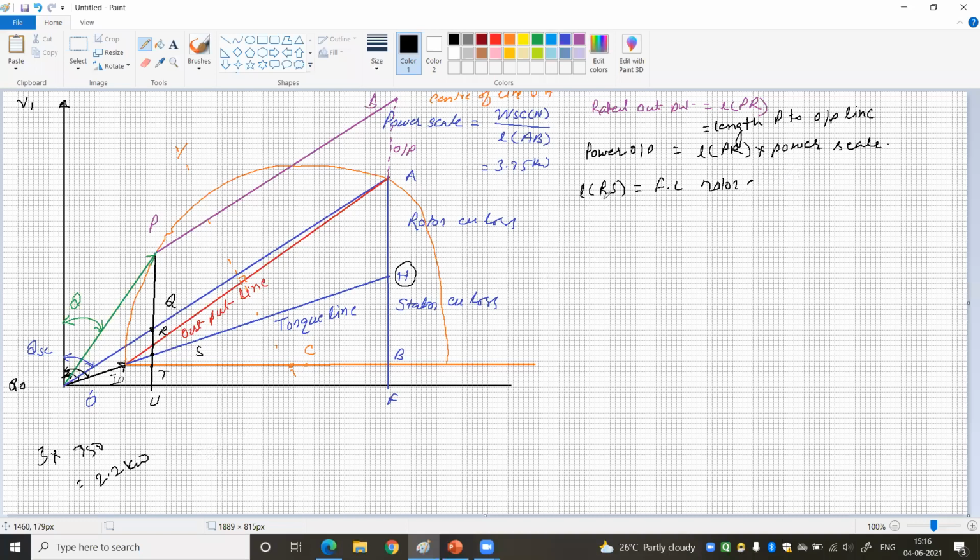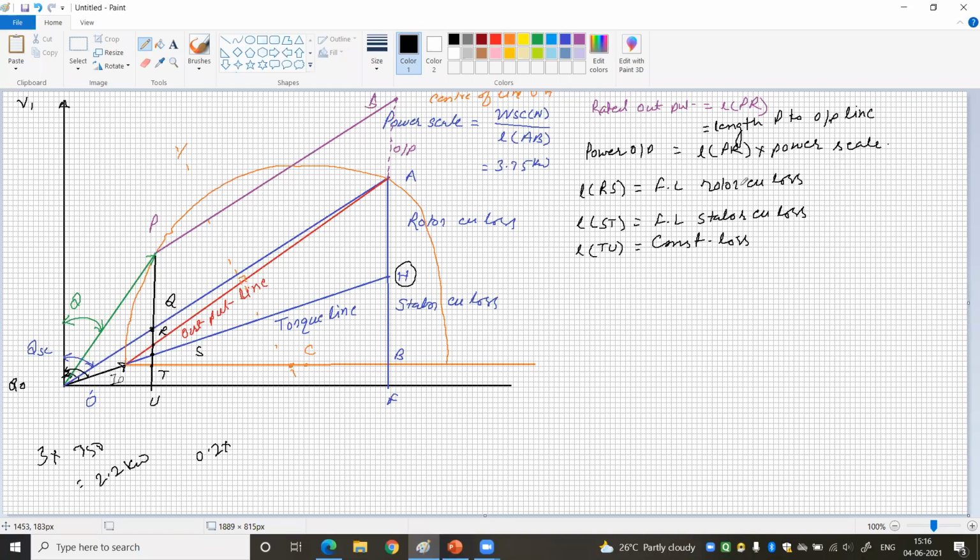Similarly, length ST, which is in the region of stator copper loss, is the full load stator copper loss. Similarly, length TU is the constant losses.